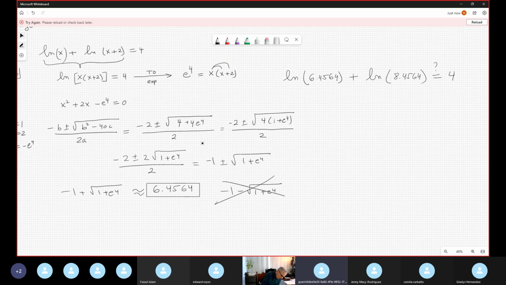So I use my calculator: natural logarithm of that number plus natural logarithm of that same number plus 2.